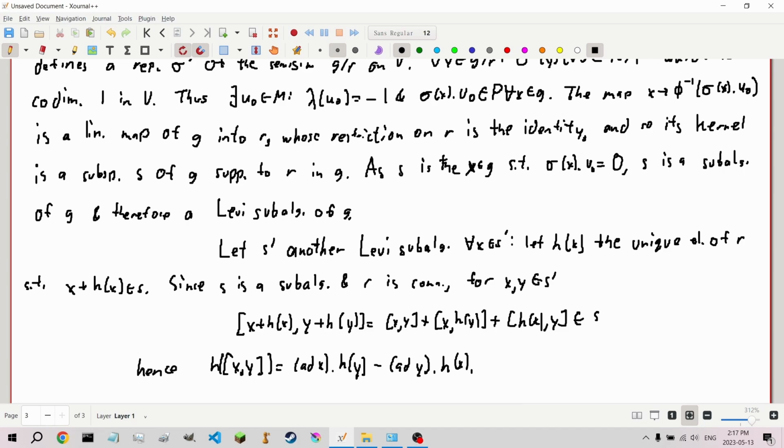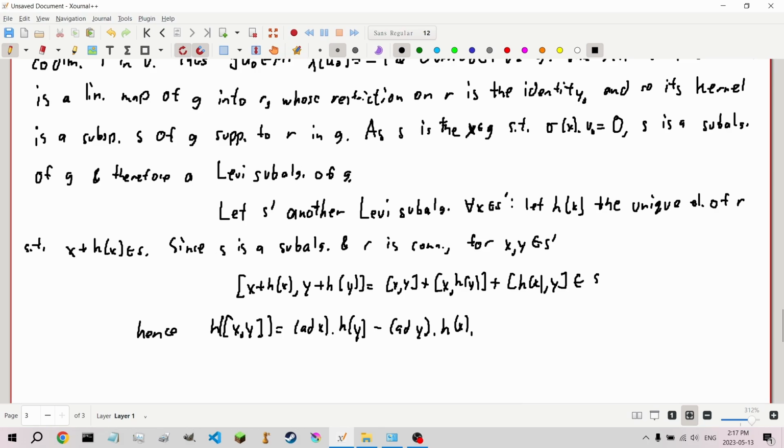Then there exists an element a in the radical such that h of x is equal to the negative adjoint of x on a, or alternatively the adjoint of a on x, for all x in S prime.